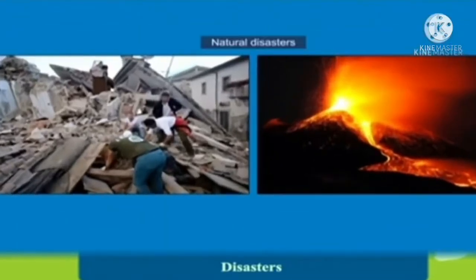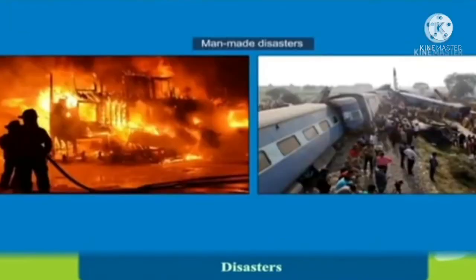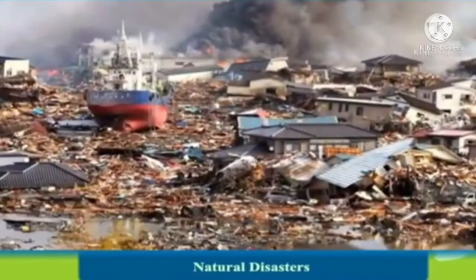The first step towards this goal is to divide these disasters into two major categories: natural disasters and man-made disasters. Natural disasters occur due to natural phenomena. You can see it, volcanic eruptions. Now let's talk about man-made disasters.